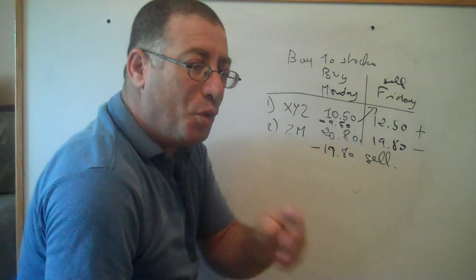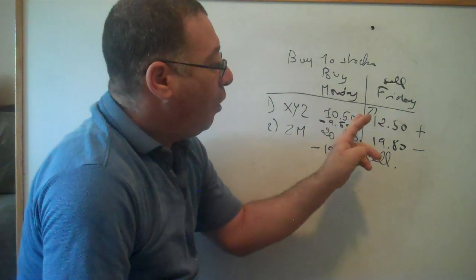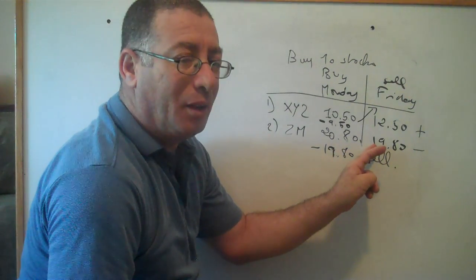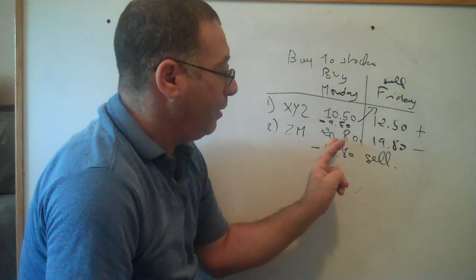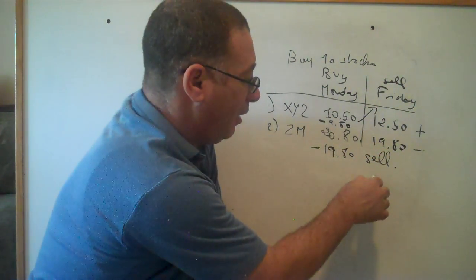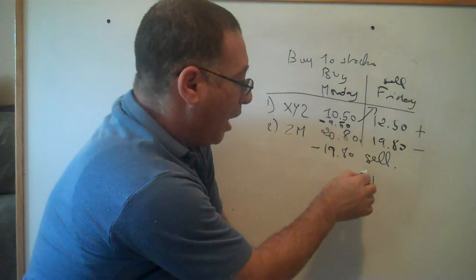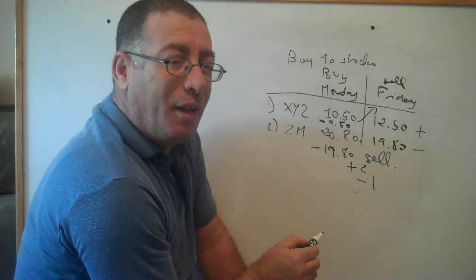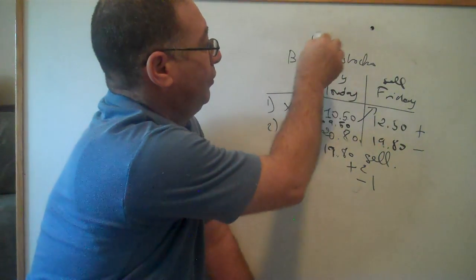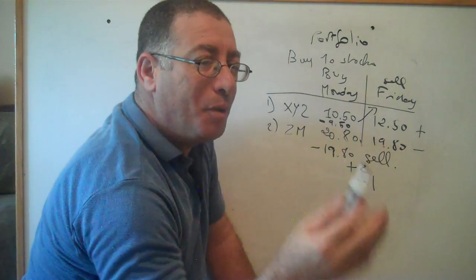Now, for you, you bought 2 stocks for 1 week. You lost here $1, 20.80 to 19.80. You lost $1 here. But here, you gain $2. Okay? So what is it for you? For your portfolio. Are you good or bad?